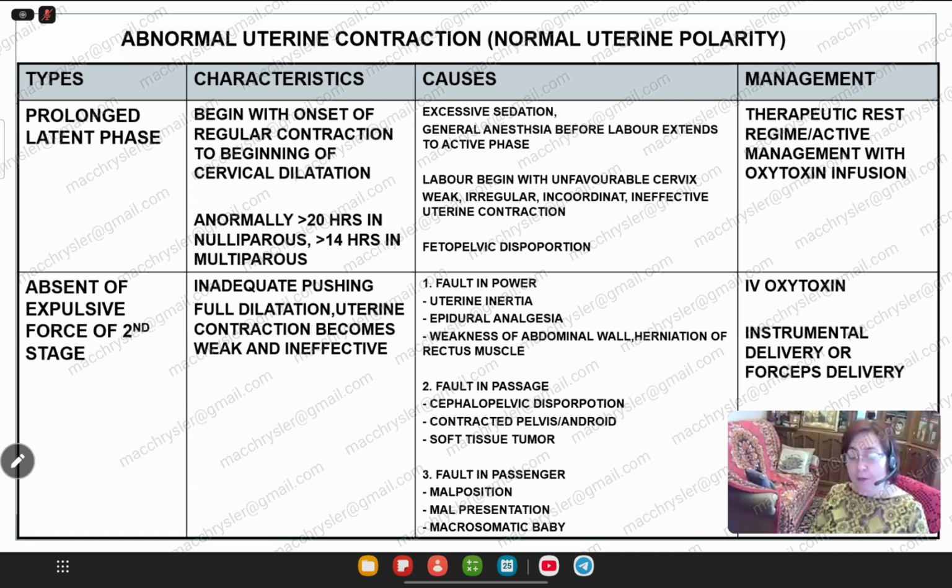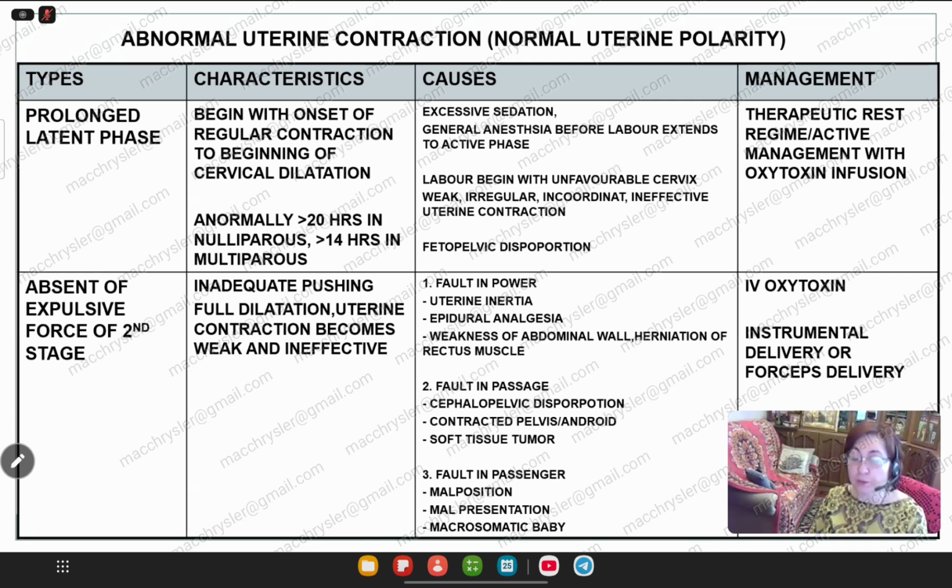So in such conditions it is not necessary to stop oxytocin. Sometimes we have a normal physiological first stage of labor without oxytocin. In the second stage, for example, the mother is exhausted and does not have enough energy to expulse the fetus. There might also be an infusion of oxytocin, or maybe instrumental delivery like vacuum or forceps.